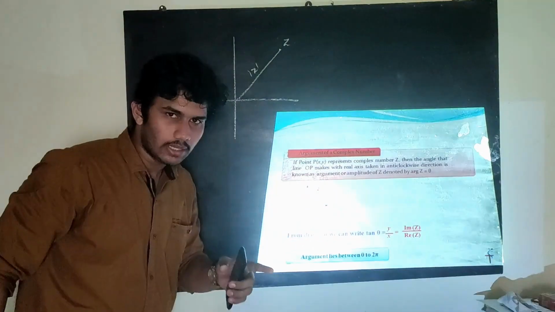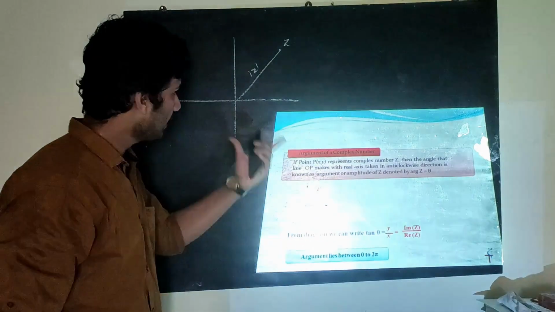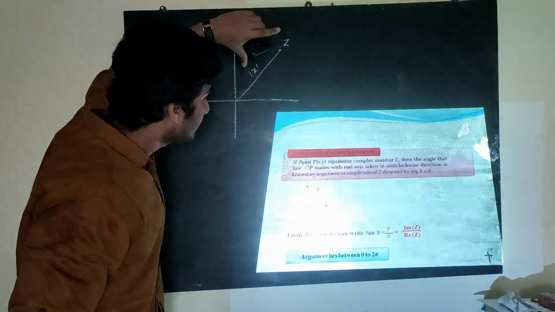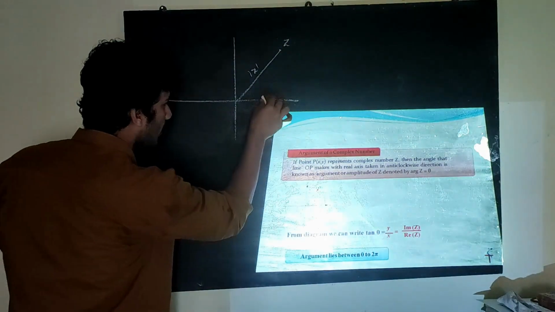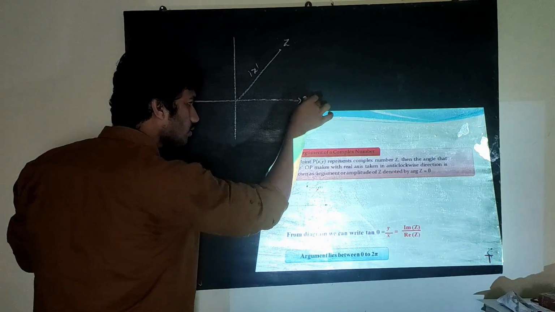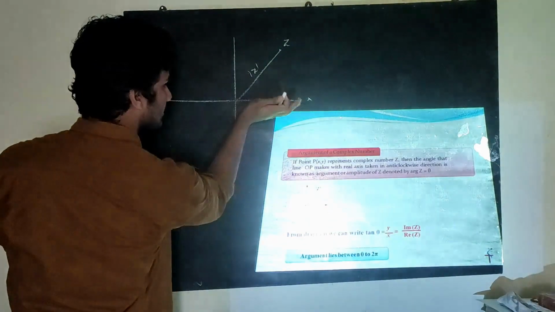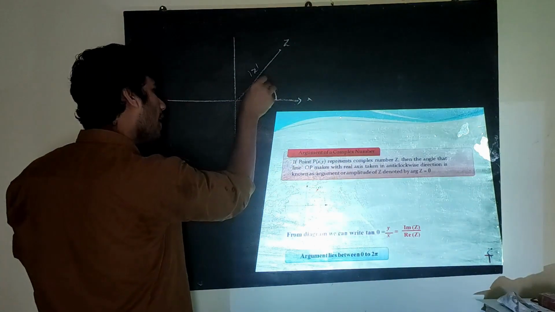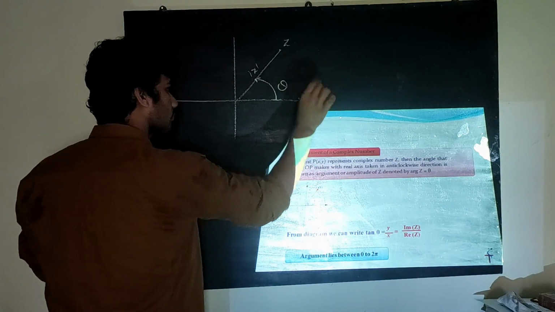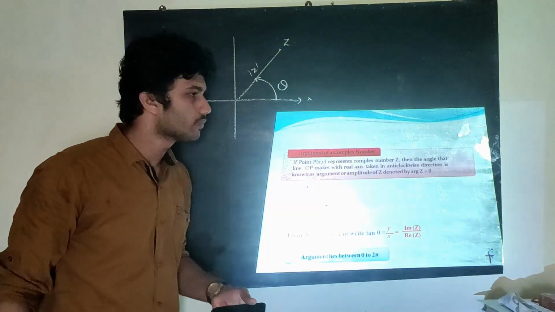Now what does argument define as? It is the angle made by this particular complex number to the origin, by making an angle with the positive x-axis, that means the positive real axis, in the anti-clockwise direction. Do you understand that?